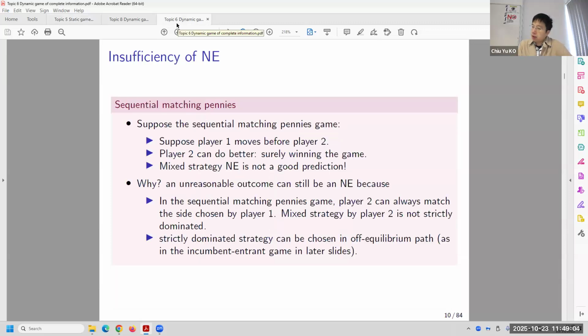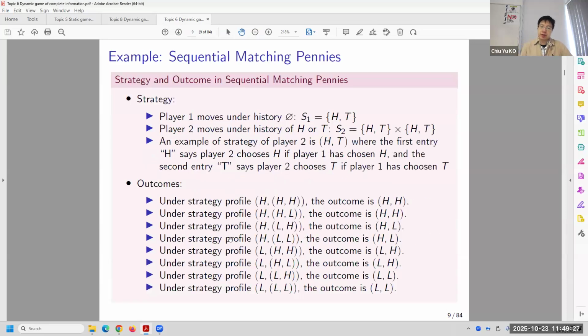But in this game, I don't think that is a good prediction, right? Why? Because I can see what you're doing, so that shouldn't be an issue. But of course, this can still be an equilibrium here, although we didn't show it, right?